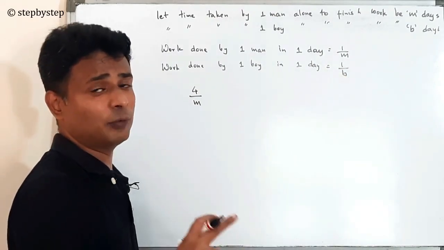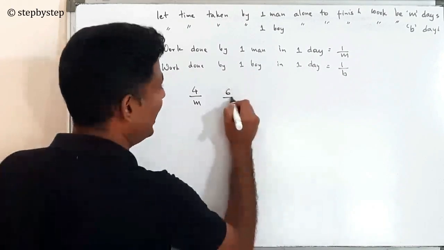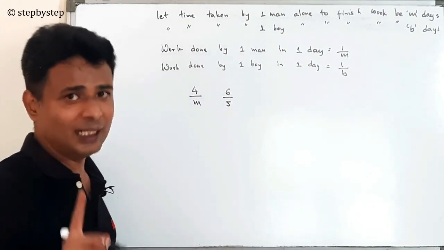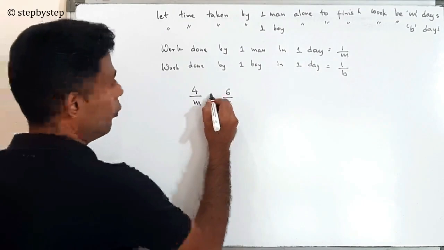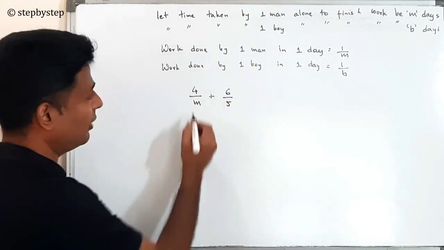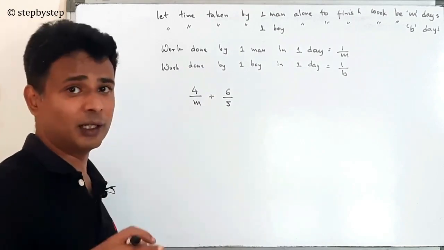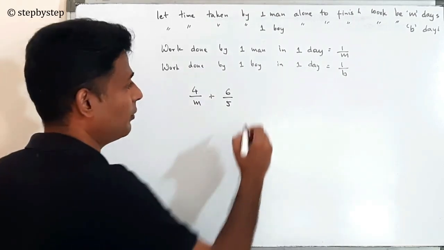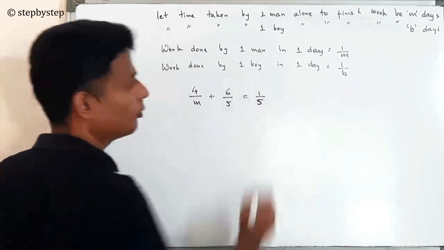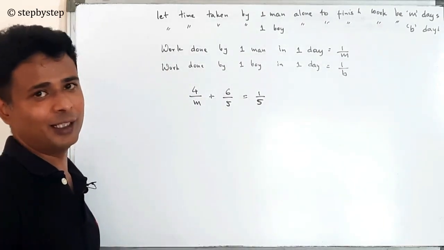So 6 boys, how much work will they do in one day? 6 by b. So total in one day, 4 men and 6 boys will do so much work. How much time are they taking to finish the work? 5 days. So in one day, how much work will they do? 1 by 5. I hope you have understood this.